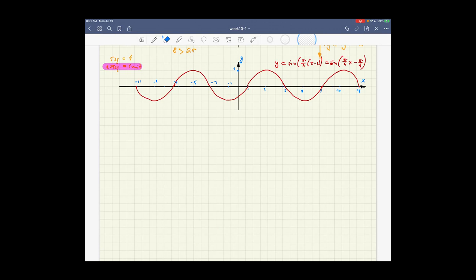All right, so let me draw another set of axes.